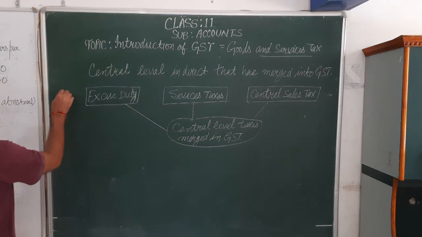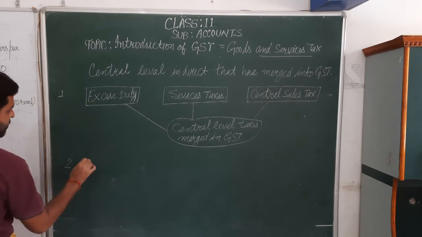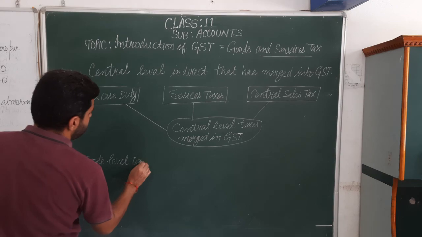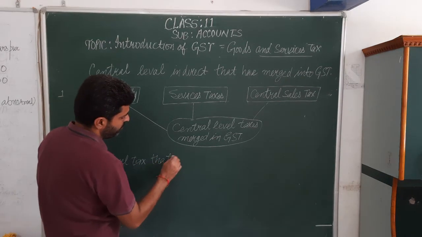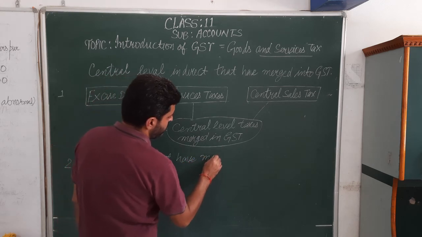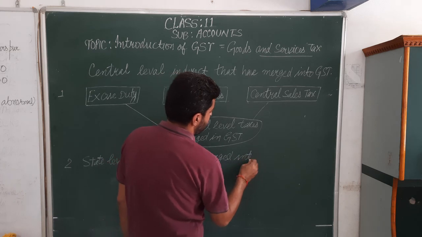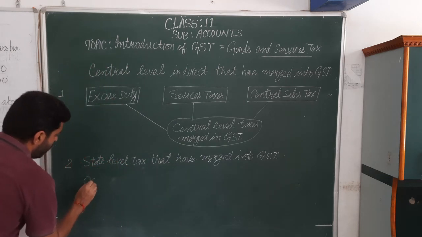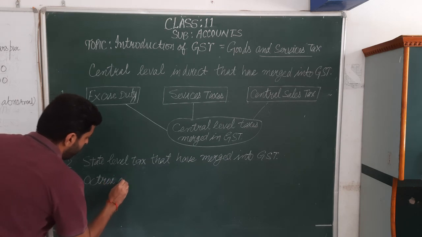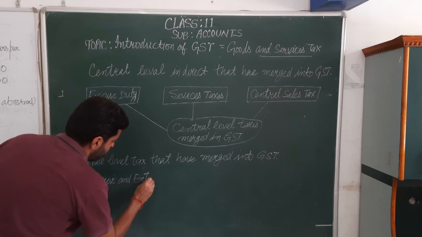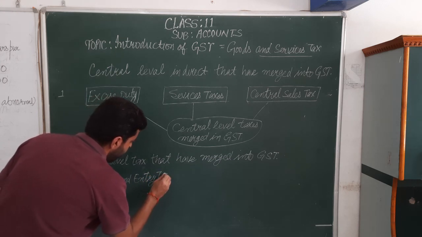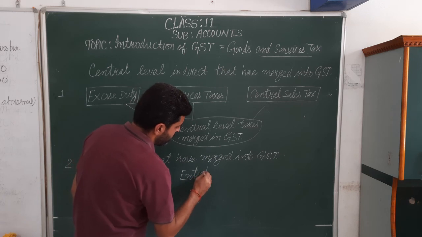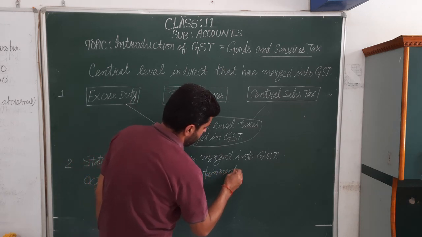And next type is state level tax, the state level taxes that have merged into GST. Like firstly octroi and entry tax. Second one, entertainment tax.